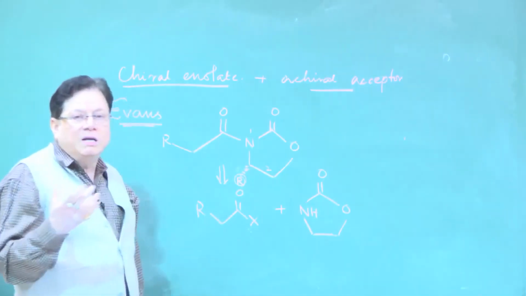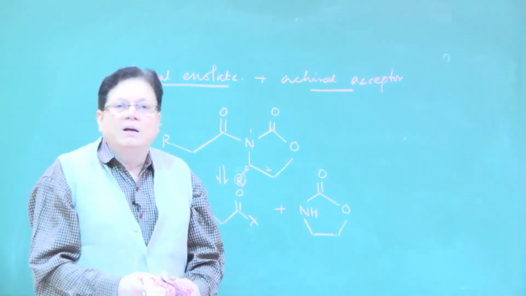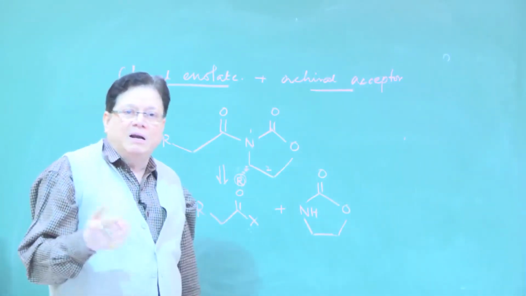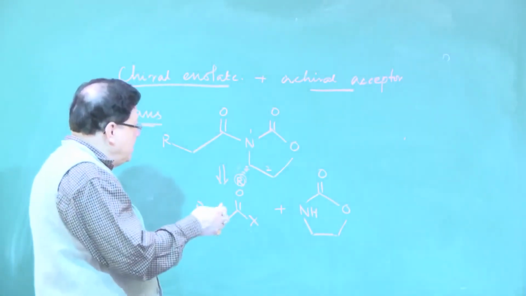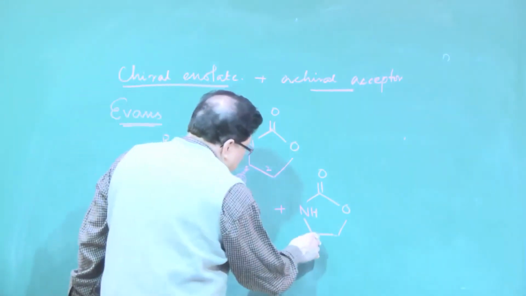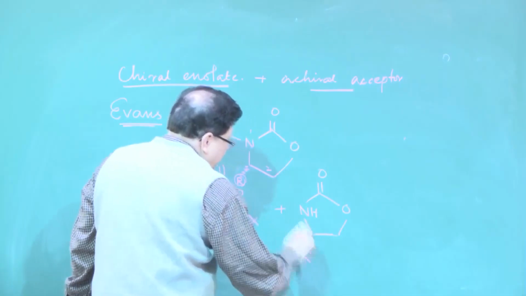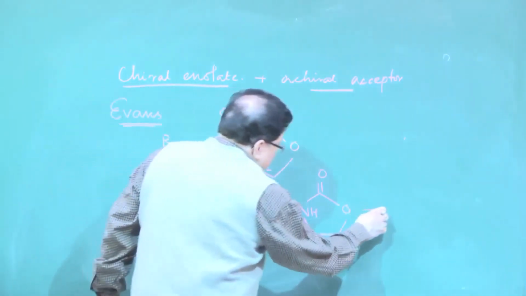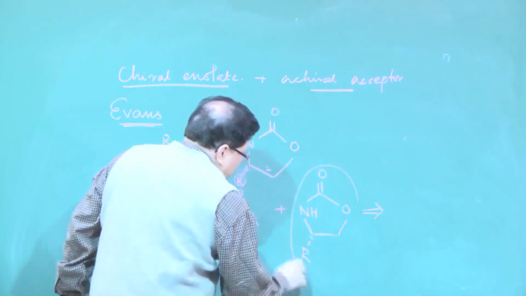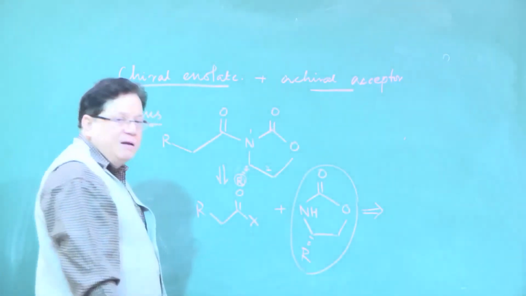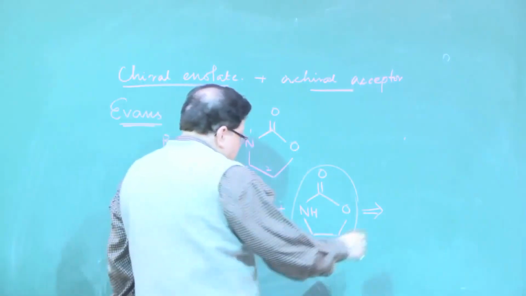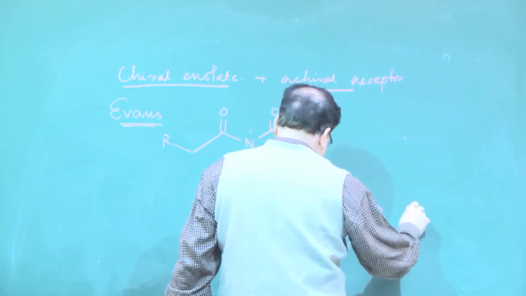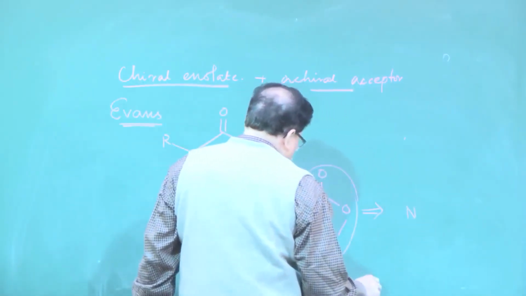So, these are sterically more bulky, or even you can have methyl, that is alanine, but that will definitely give varying degree of enantiomeric excess at the end of the reaction. So, this is basically the chiral auxiliary that Evans made from amino acids.